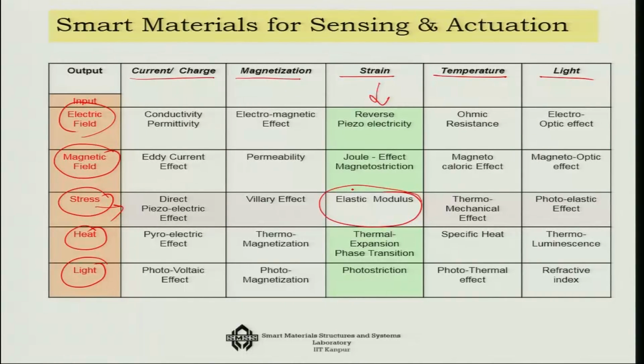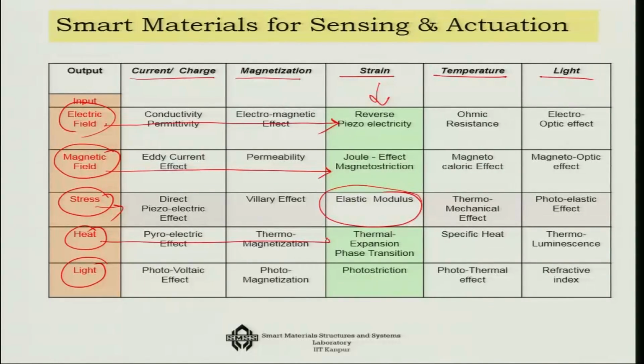Then what is smartness? Smartness is if I can generate strain not with the help of stress, but, let us say, with the help of an electric field. That is what is known as reverse piezoelectricity, and that is smartness. Or with a magnetic field, that is the Joule effect, magnetostriction, and that is smartness.